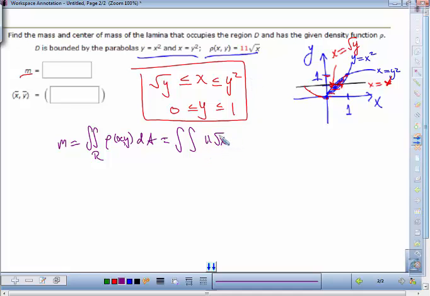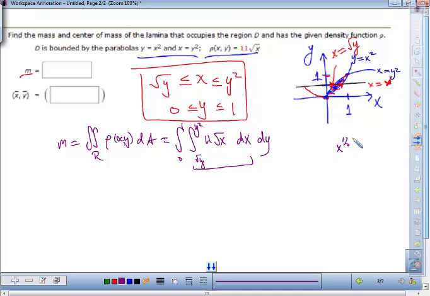I suppose we should have taken the 11 out and written x as x to the 1/2. We're going to integrate with respect to x first, and that's going to go from square root of y to y squared, and then we're going to integrate with respect to y from 0 to 1. So we can't take anything out. We need to do this integral first.